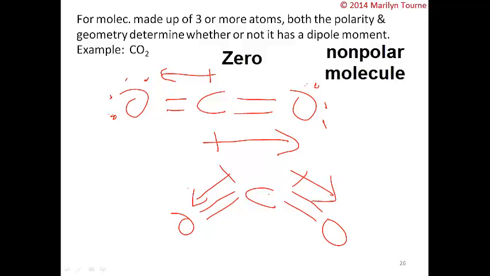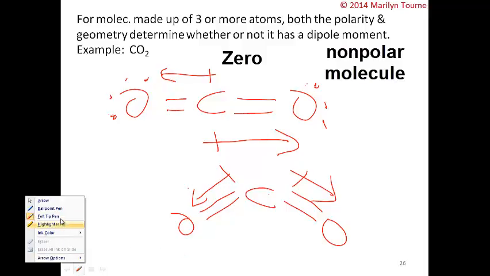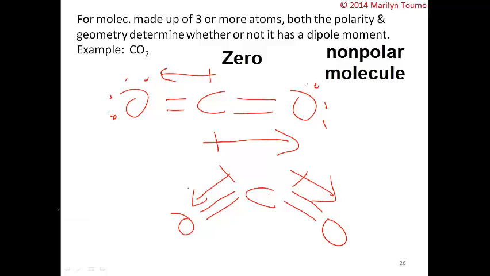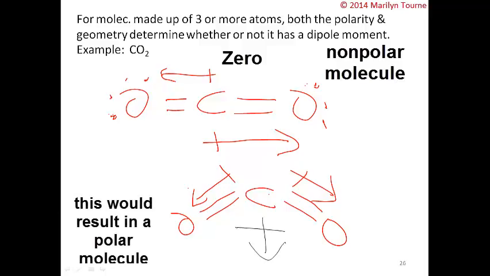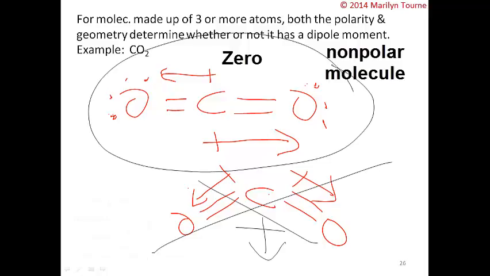So that means that the resultant dipole moment for carbon dioxide, if it was a bent molecule, would be going down. Okay? But it's not. Remember, this is just theoretical. Since carbon dioxide is a linear molecule, those electron shifts are going to go in opposite directions, and the oxygens are exactly the same on both sides.